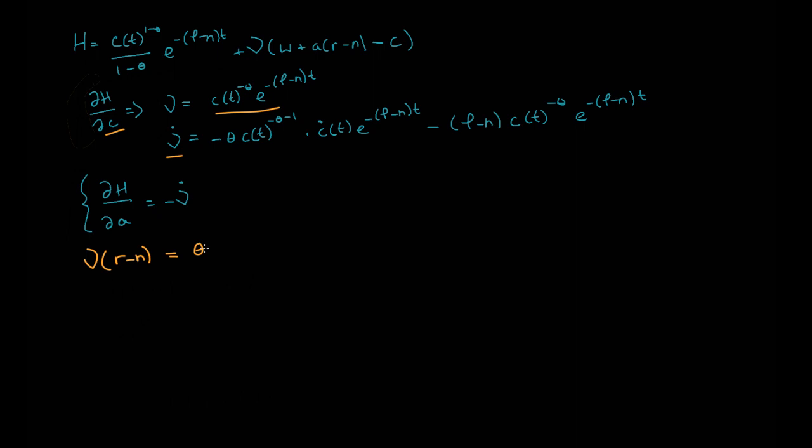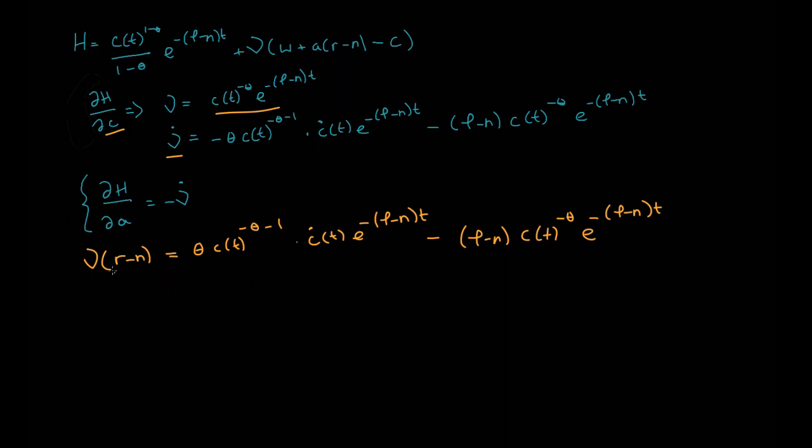So let's write that down. That's going to be theta c(t) to the minus theta minus 1 times c dot, e to the minus (rho minus n) times t, minus rho minus n times c to the minus theta e to the minus (rho minus n) times t.